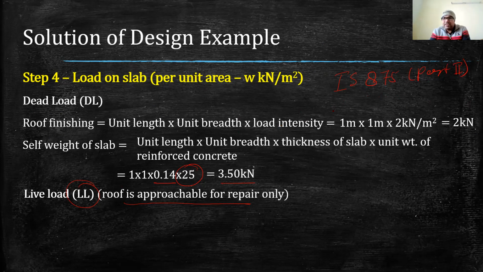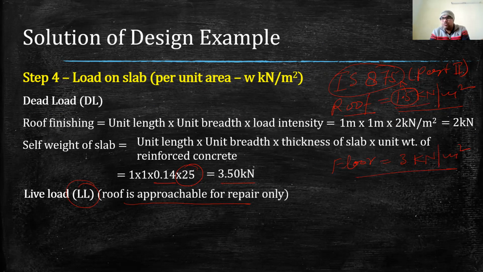For example, in case of a general roof, this code recommends a live load intensity of 1.5 kilonewton per meter square. So roof generally has load intensity of 1.5, and for the floor, the minimum load intensity is 3 kilonewton per meter square. You can remember these values if they are not provided in the question.